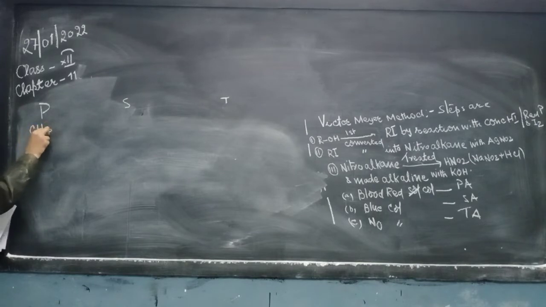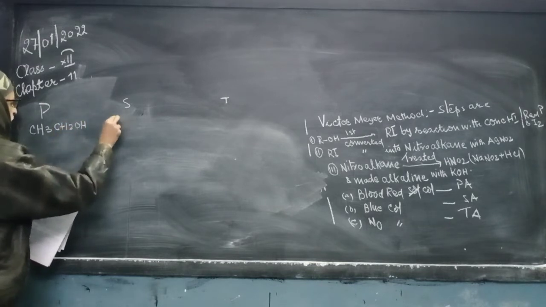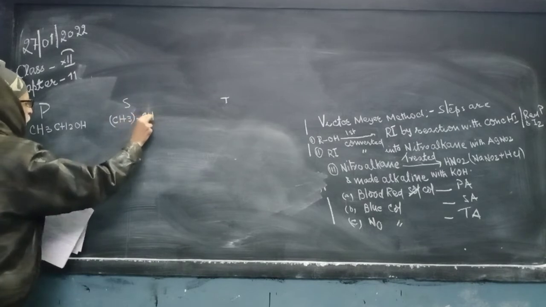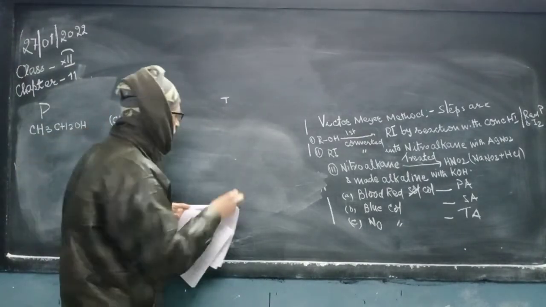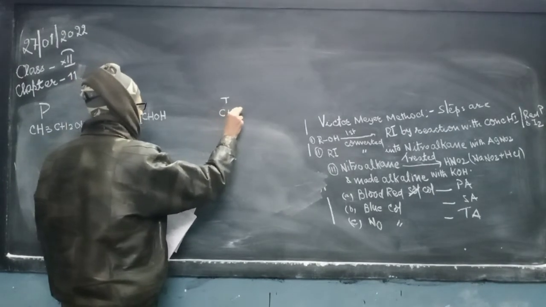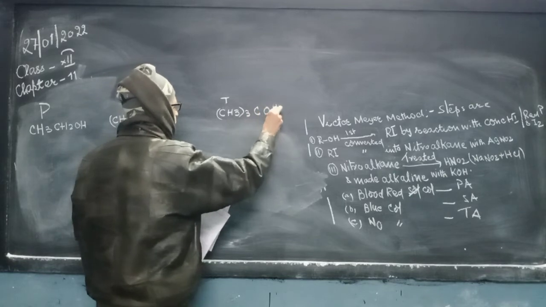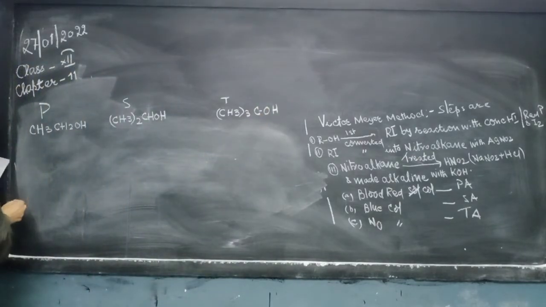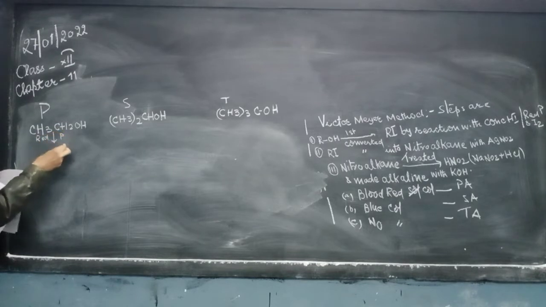CH3CH2OH, CH3CHOH, CH3COH. Red phosphorus and iodine.